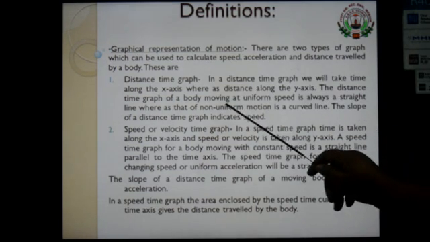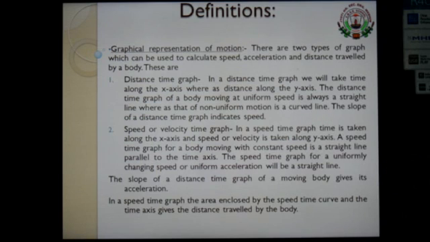The distance time graph of a body moving at a uniform speed is always a straight line, whereas that of a non-uniform motion is a curved line, and the slope of the distance time graph indicates speed.